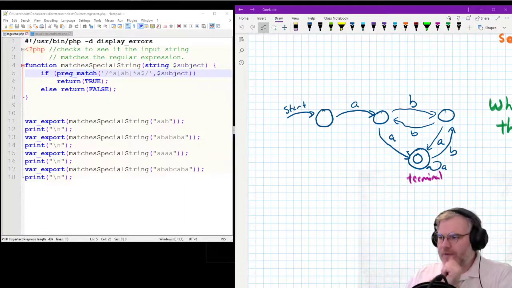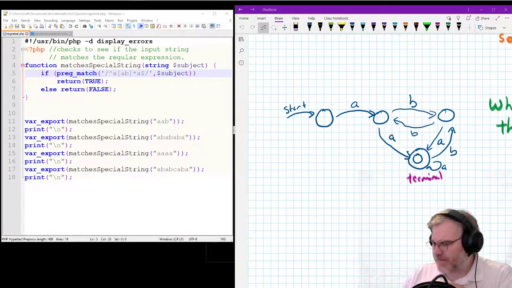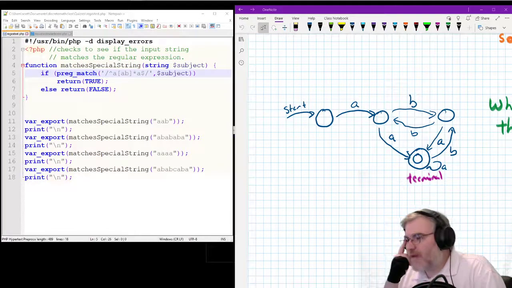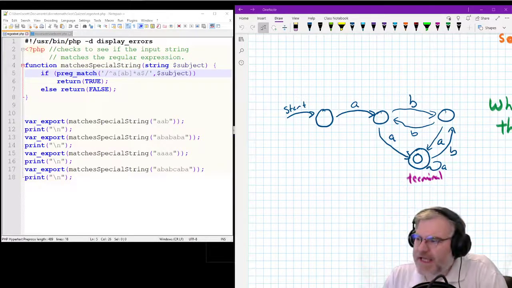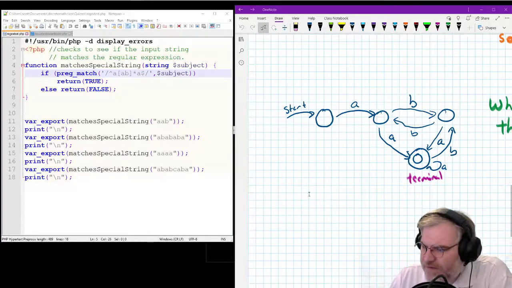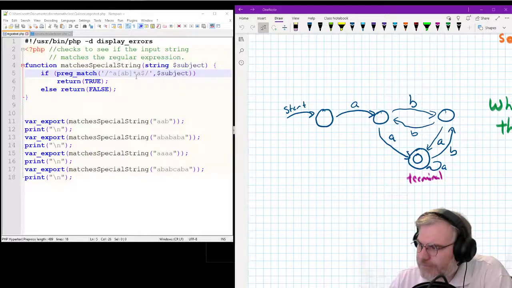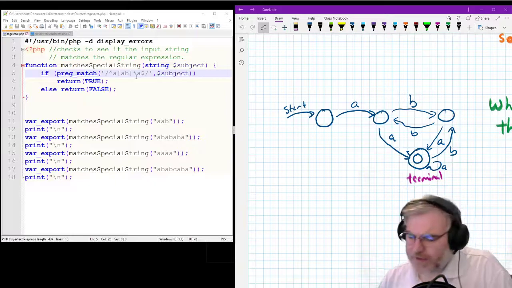Now, we start to see the logic behind regular expressions. The reason why these are important is because it's very, very efficient to compute whether or not something matches one of these strings. Okay. Let's do another example.